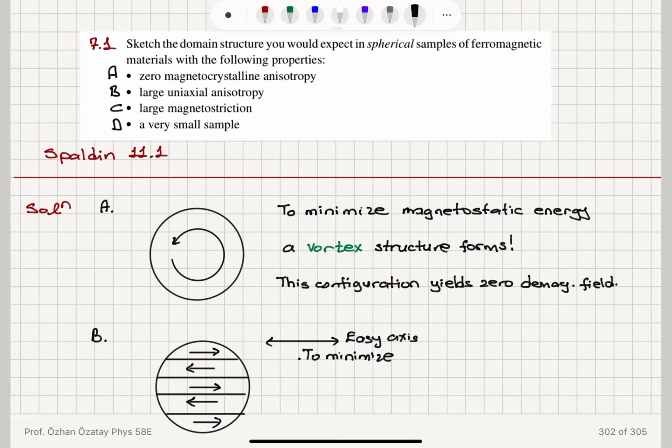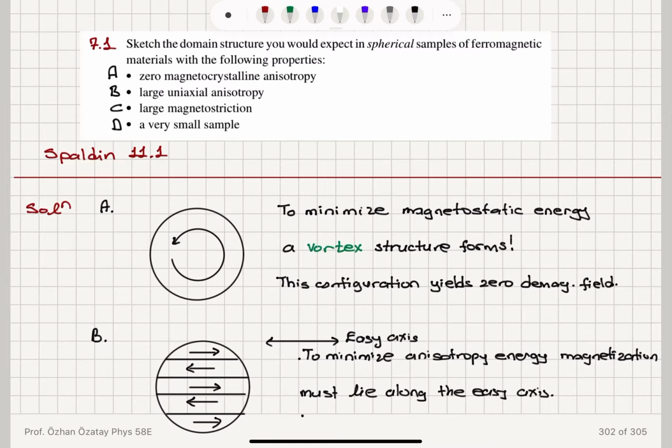So to minimize anisotropy energy, magnetization must lie along the easy axis, and it's not single domain, it's forming several domains here.